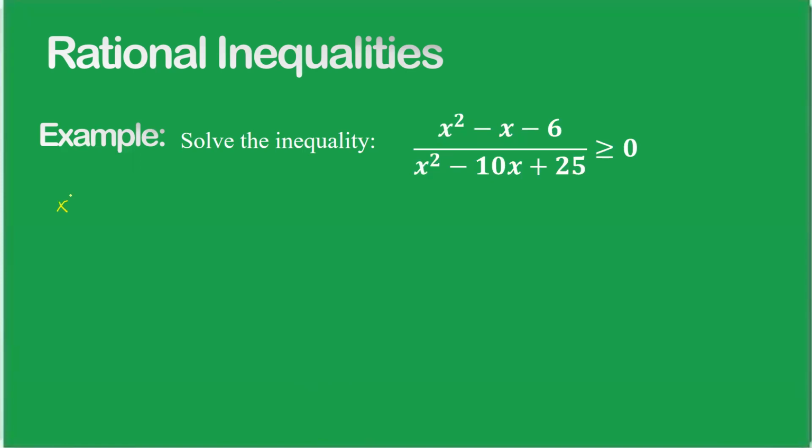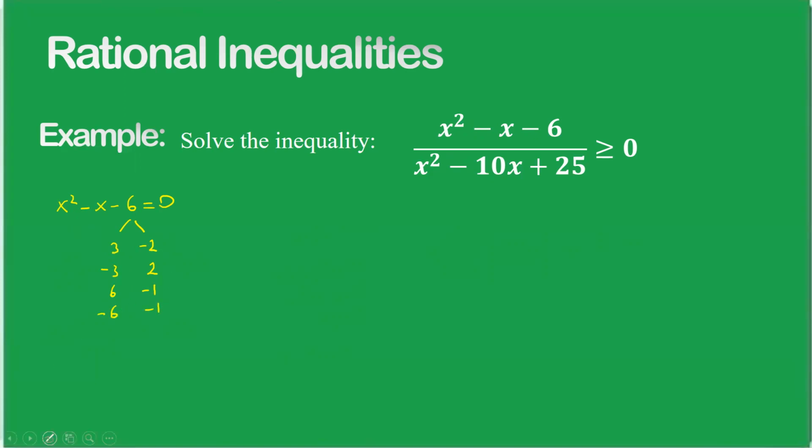Here x squared minus x minus 6 equals 0. How can we factorize this one? You may find the roots by using the calculator command, but I'm going to use the factorization method. Which numbers can be, for example, 3 and minus 2, maybe minus 3 and 2, maybe 6 and minus 1, and minus 6 and 1.